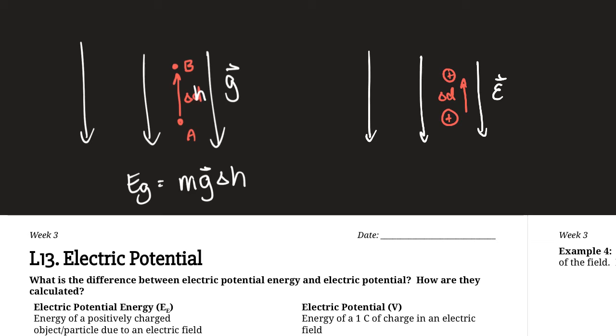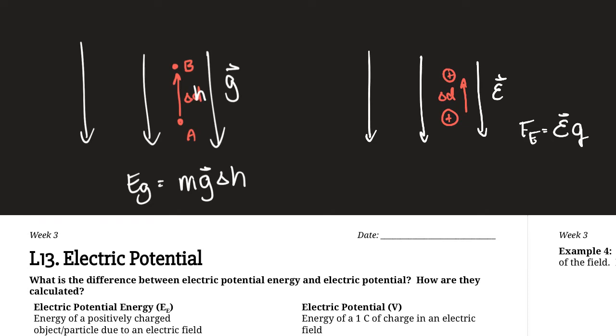So we would call this a distance that we would need to apply a certain force over. In a gravitational field, the force that we're applying is m times g, mass times the gravitational field strength. And in an electric field, we're going to apply the electric force, which is the field strength times the charge. So that's the force that we apply there, and we're going to apply it over some distance.